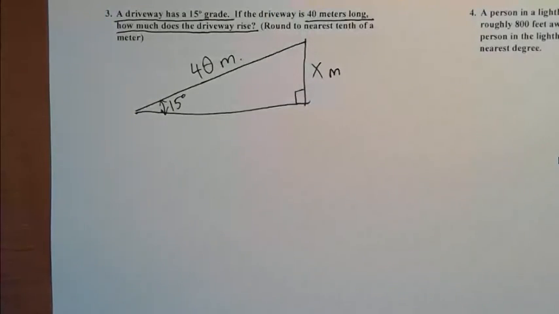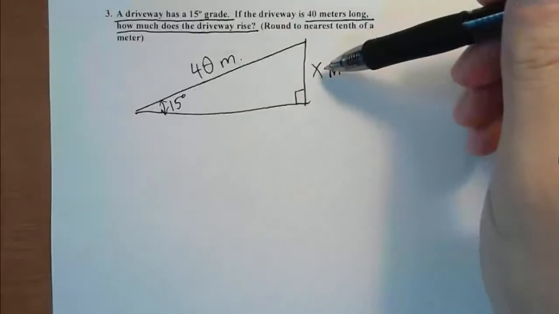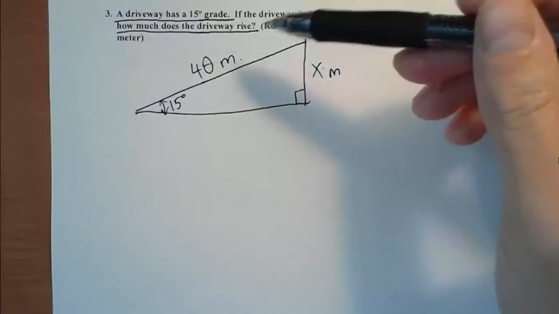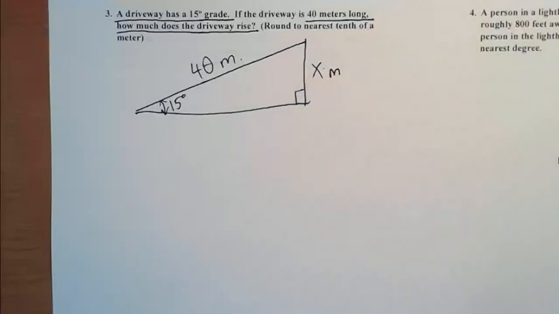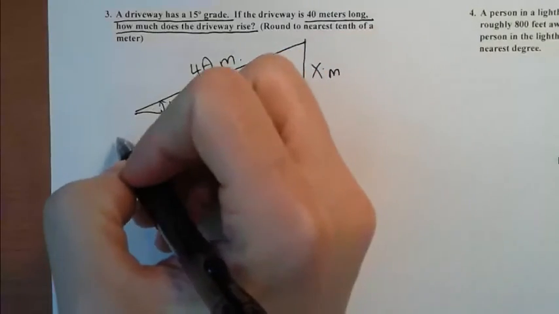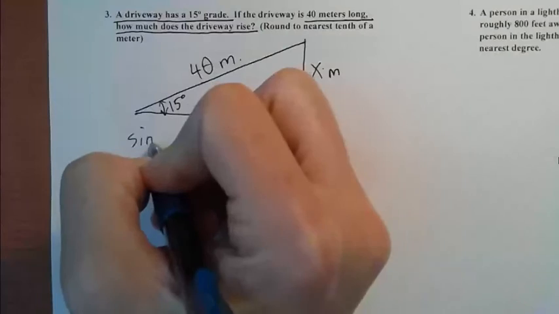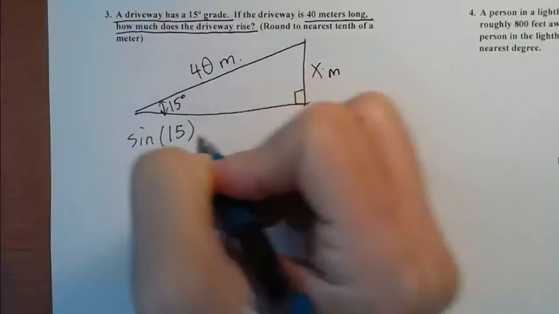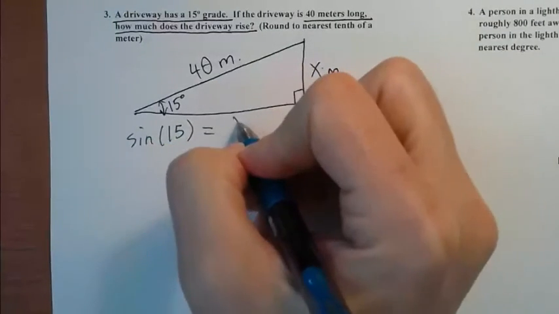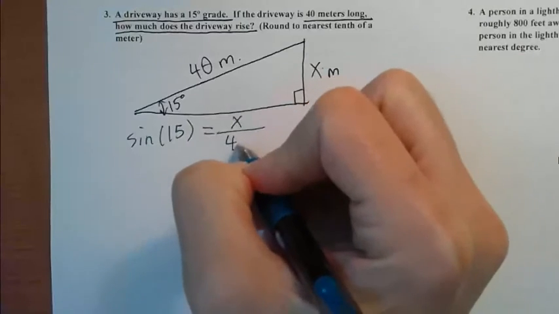Now that we have our diagram drawn to match our word problem, we want to use sine, because opposite is our x side and our hypotenuse side is 40 meters. So we now would have in a function of sine of 15 degrees would be equal to x divided by 40.